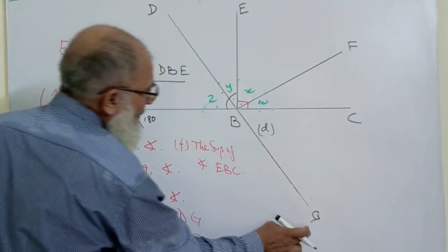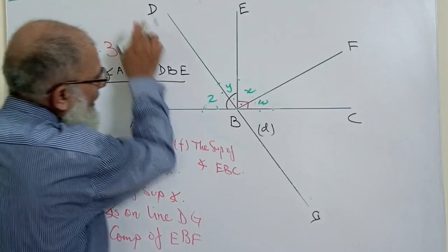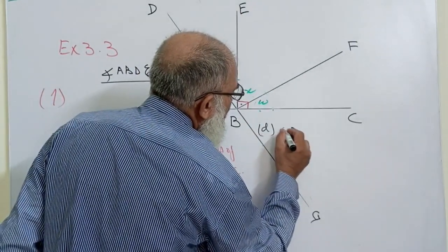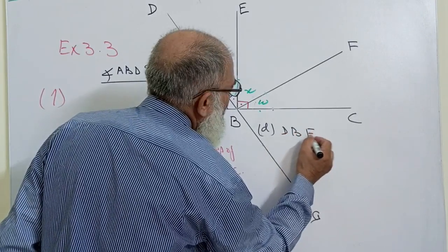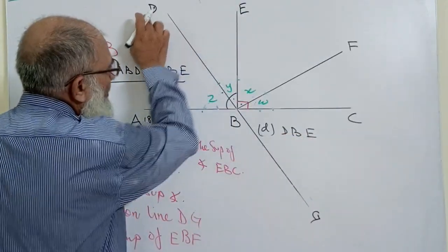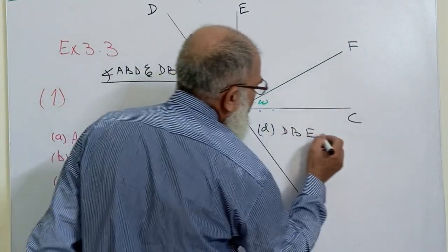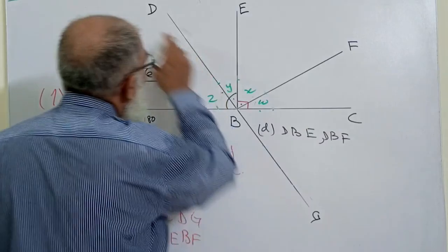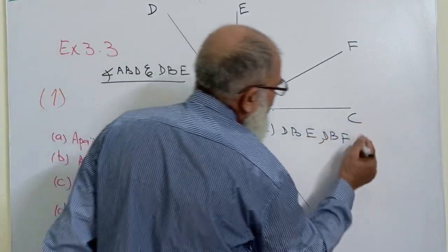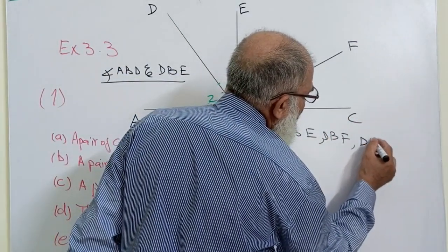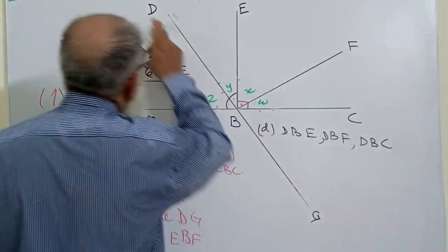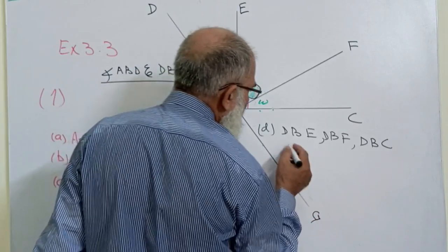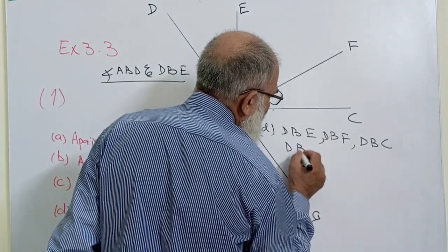So there is angle DBE, DBF, DBC, and DBG is also an angle.